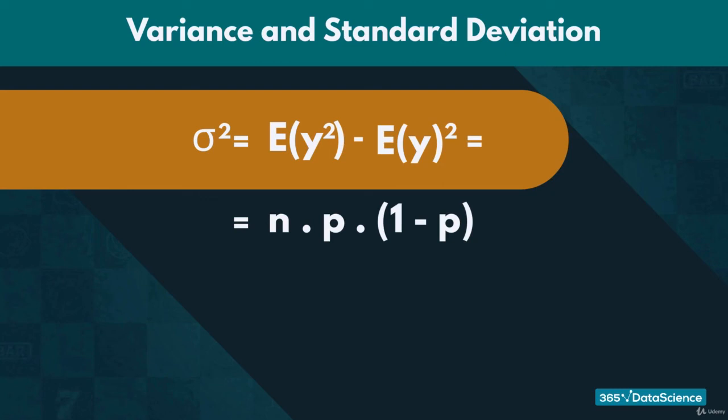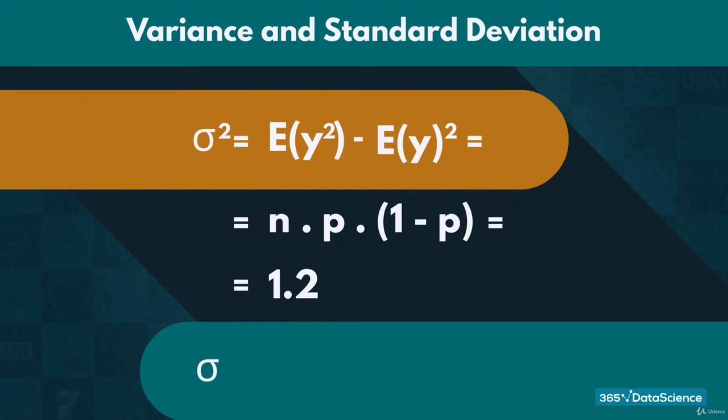If we plug in the values from our stock market example, that gives us a variance of 5 times 0.6 times 0.4, or 1.2. This would give us a standard deviation of approximately 1.1. Knowing the expected value and the standard deviation allows us to make more accurate future forecasts.